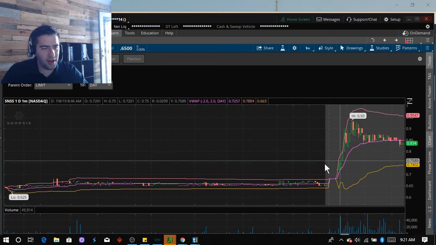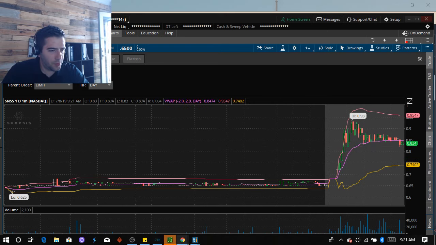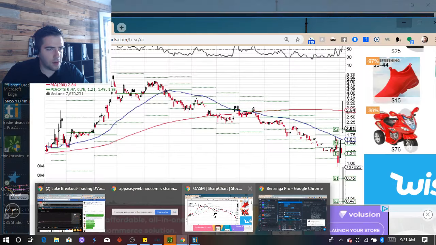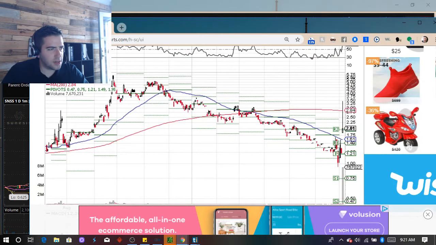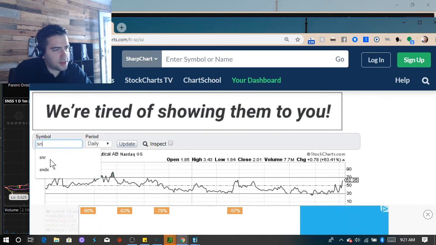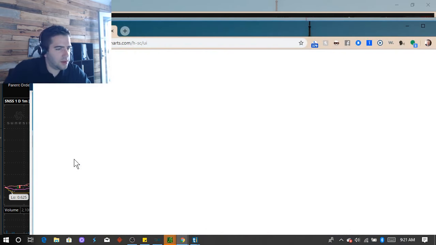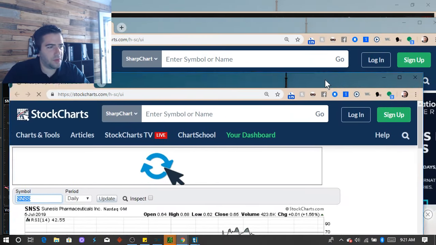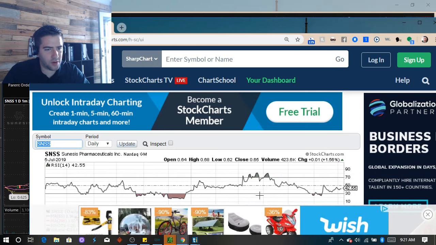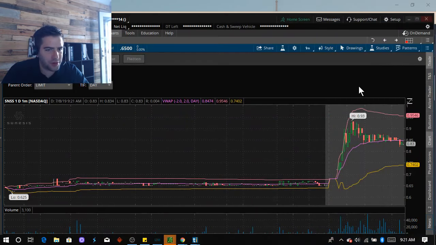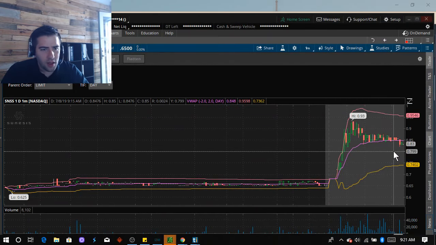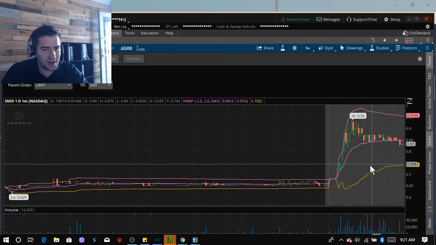Right here at 83. Let me check the pivot points real quick. What is that ticker? SNSS. Well, if it was a pivot point, it would have taken off already. But yeah, 80 cents. I knew it. My instincts on pivot points are like golden. I would like to see what this does at 80 cents.